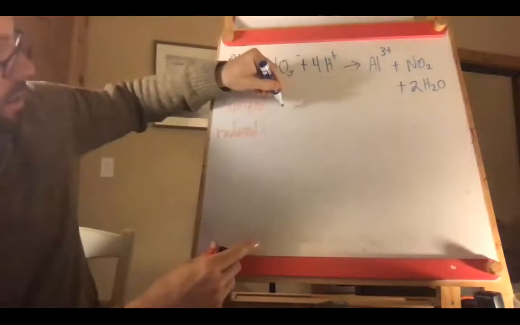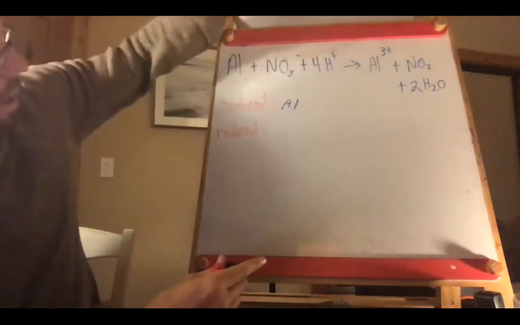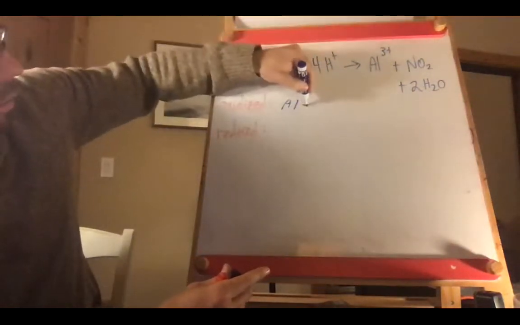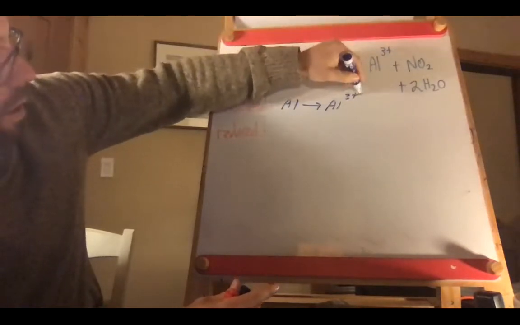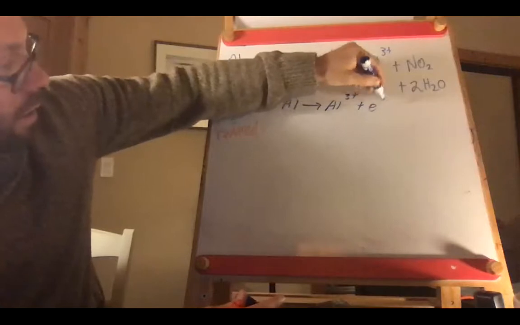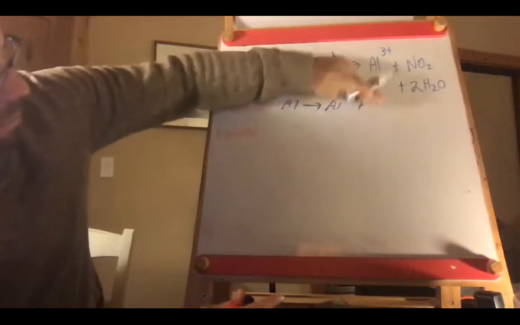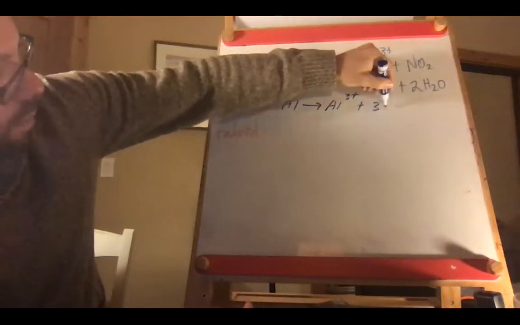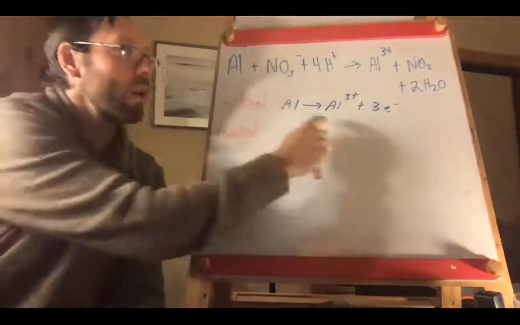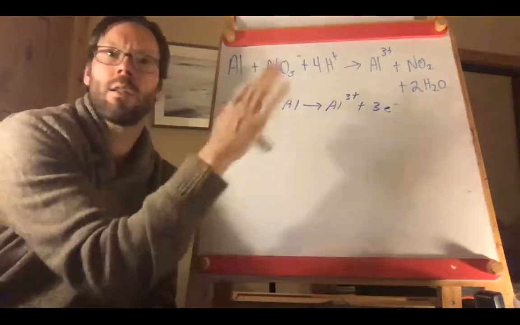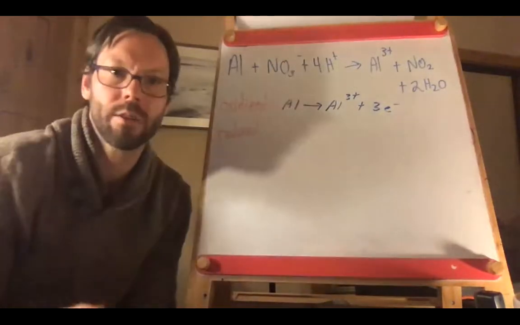So we have Al going to Al3+, and then we usually write it with 3 electrons to balance it out. So Al going to Al3+ plus 3 electrons, and this is balanced, okay?